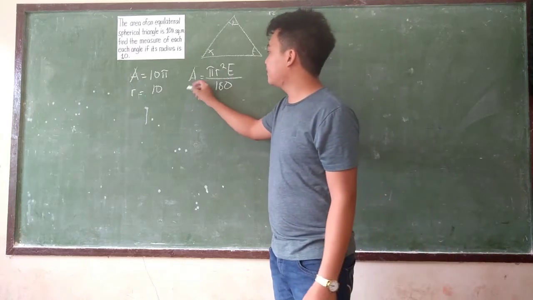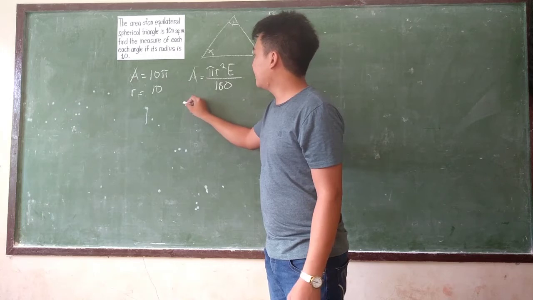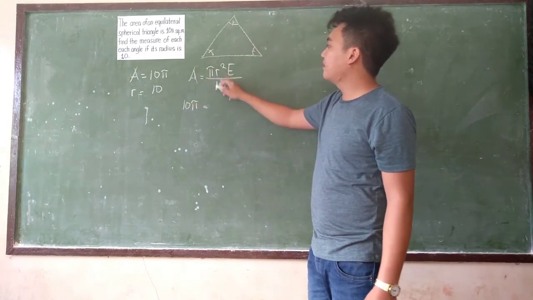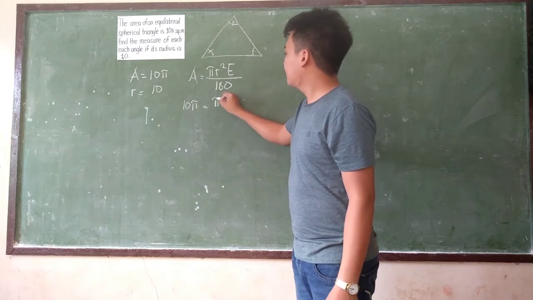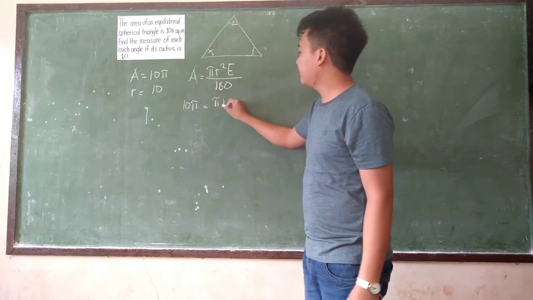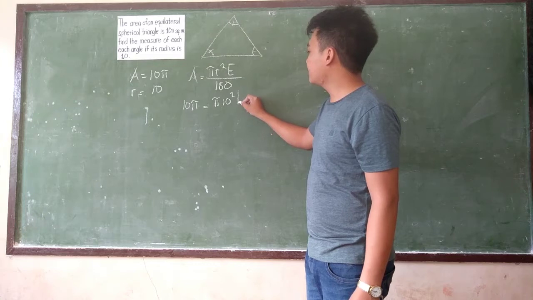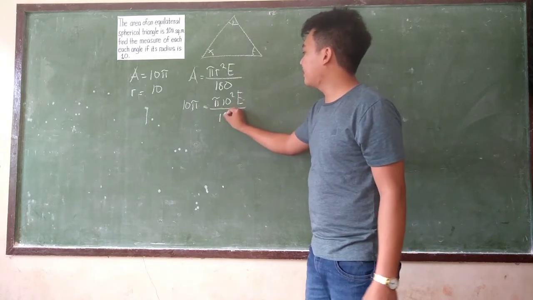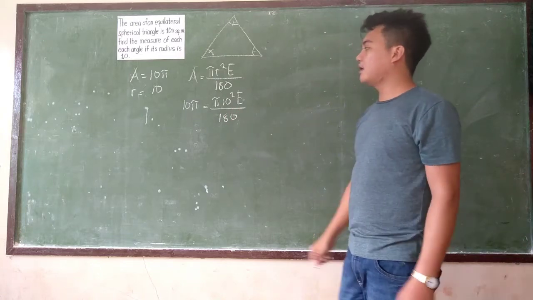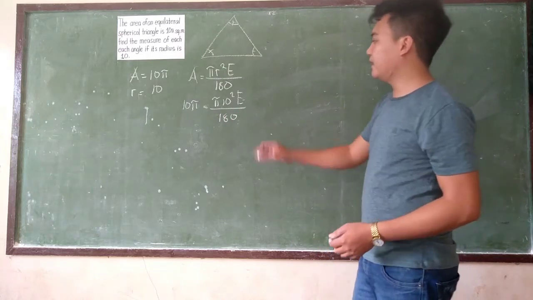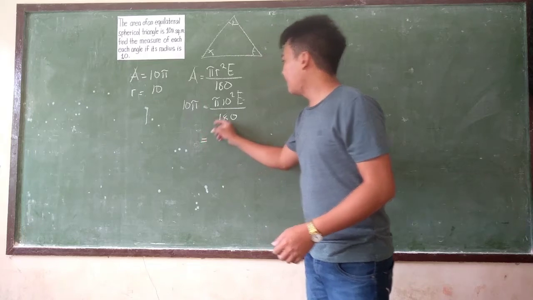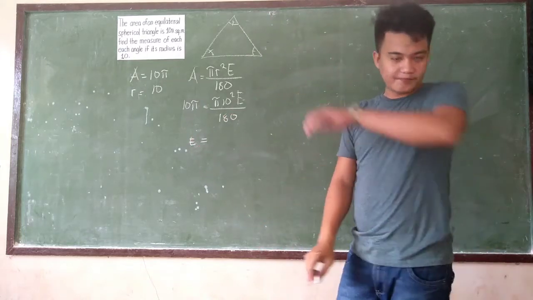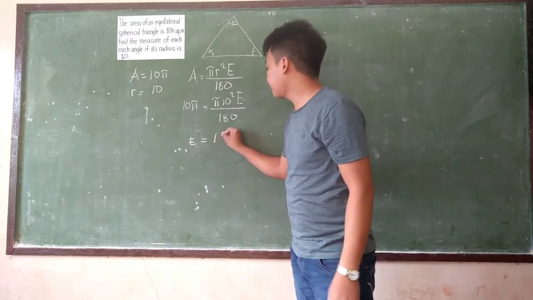So just substitute, the given area is 10 pi equals pi, the radius is 10 squared times E over 180. So simplify. Our excess, the value of E, is 18.